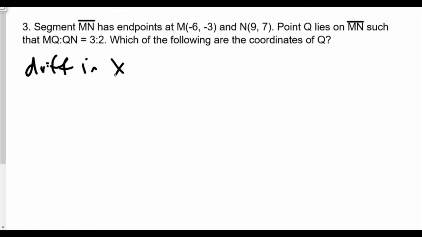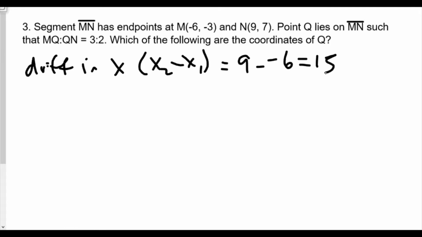That's going to be x2 minus x1, which gives us 9 minus -6, or 15. This really means that when we go from M to N, we're going to move to the right 15 spaces.